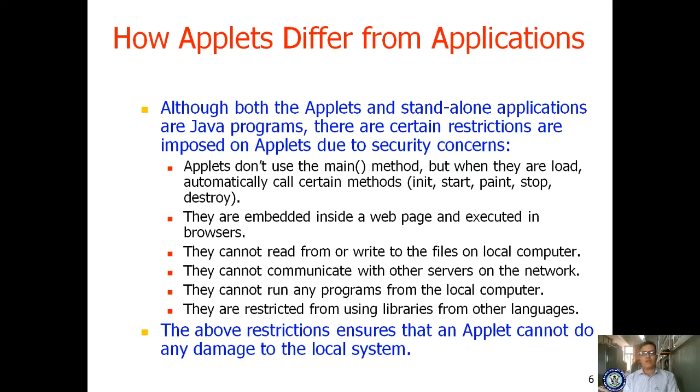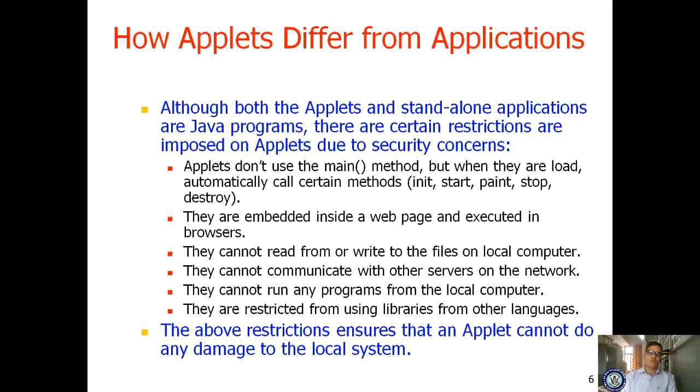They cannot run any programs from the local computer. Here it says that, but applet programs are run from local computers. They are restricted from using libraries from other languages. Java can access C, C++ or ASP.NET also, and to access that information we have to use some library files.